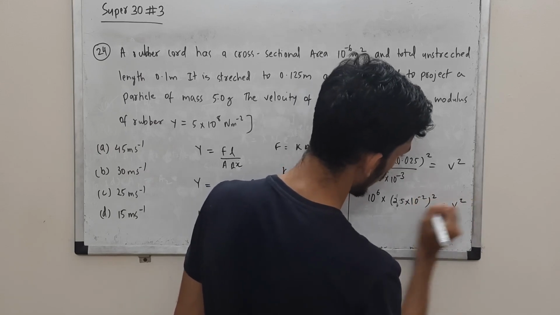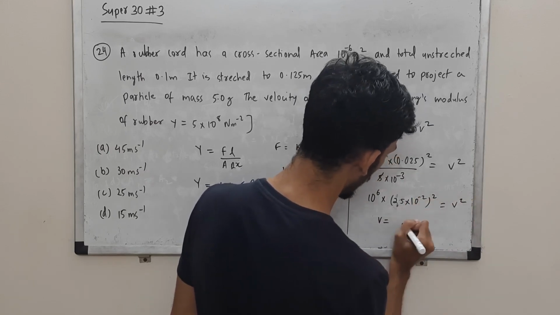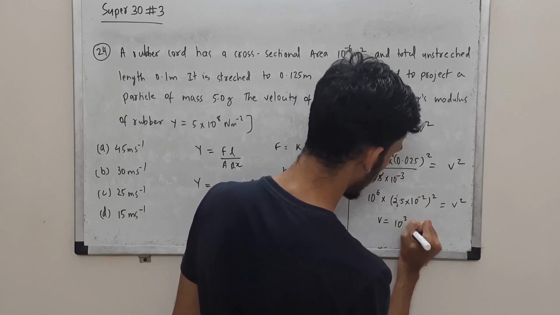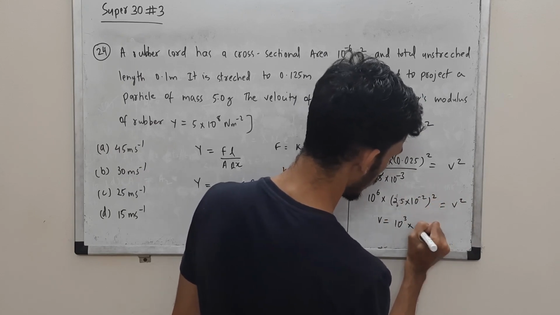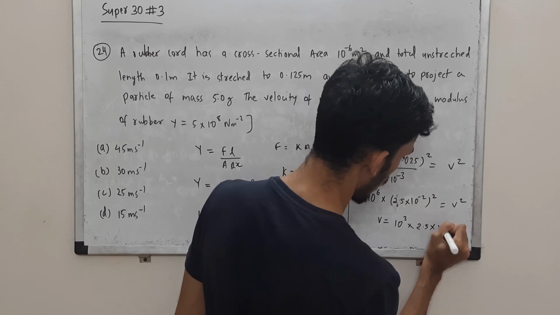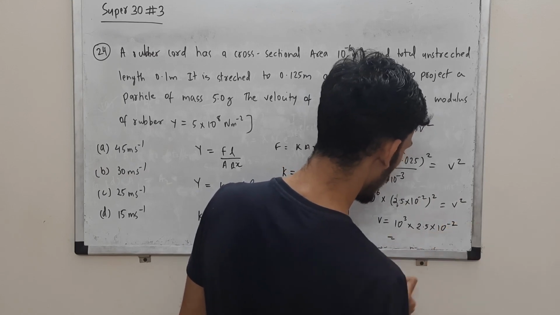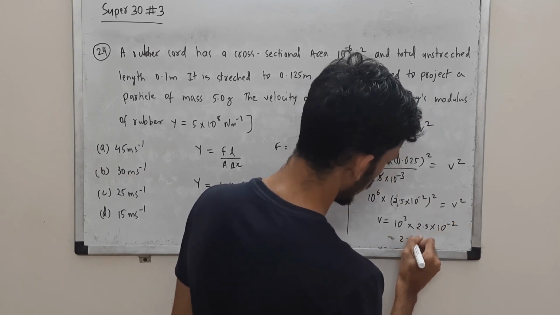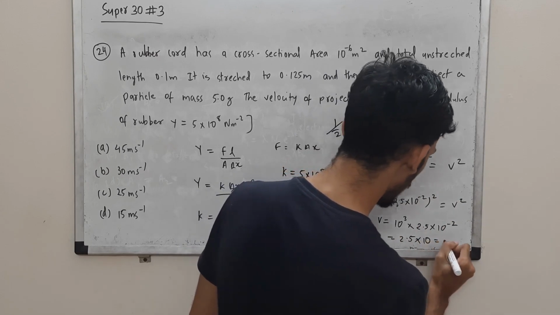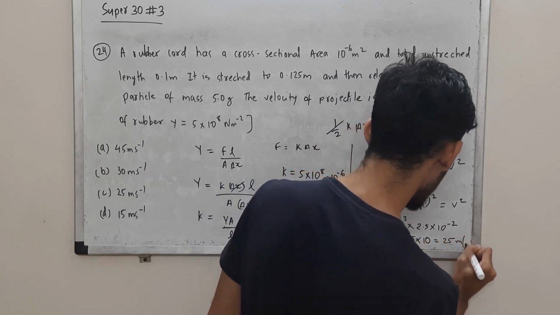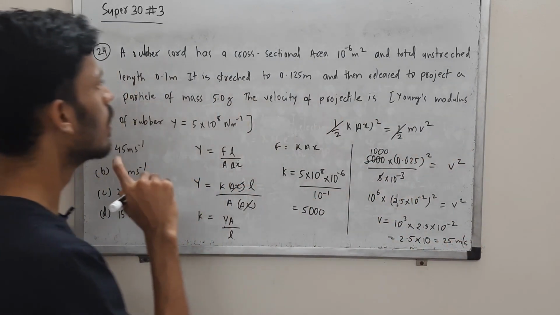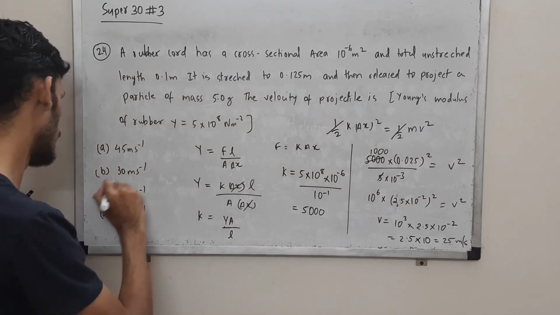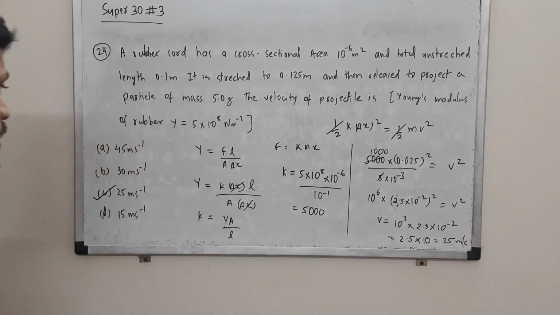This is V square. Now take a square root, 10 to the power 6 will become 10 to the power 3. This whole is squared, so you just write it once. So this gives you 2.5 into 10, which is 25. So 25 meters per second. Everything is in SI units. So option C is the correct choice over here.